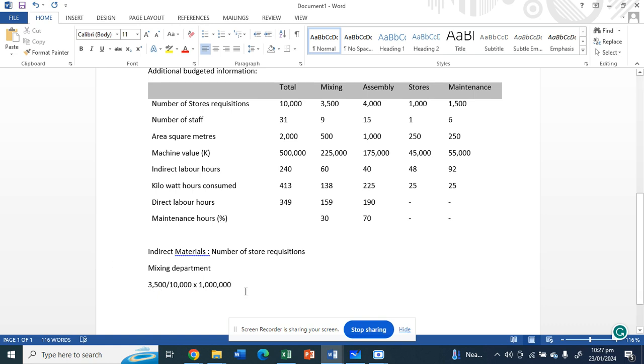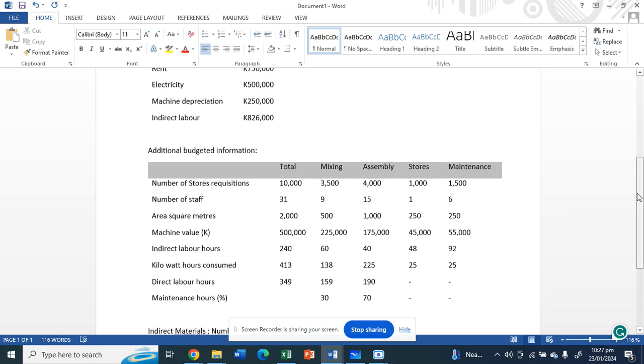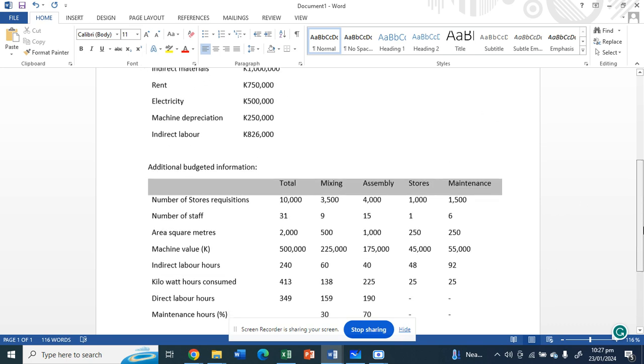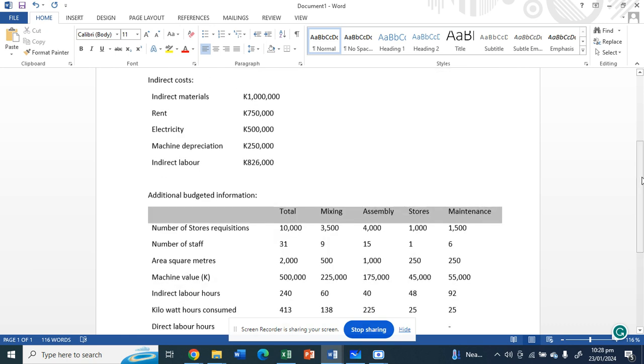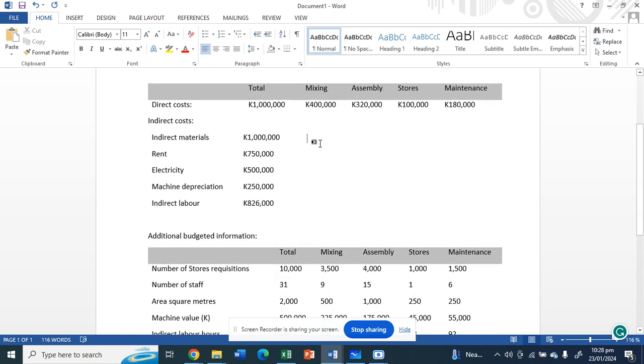This 1 million is the amount we're sharing out. So 3,500 divided by 10,000 is 0.35. 0.35 times 1 million is 350,000. So out of this 1 million, 350,000 goes to the mixing department.